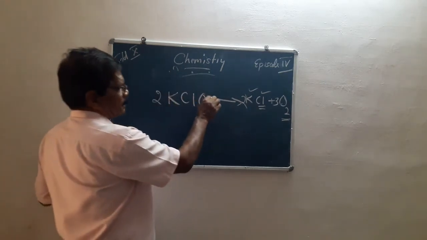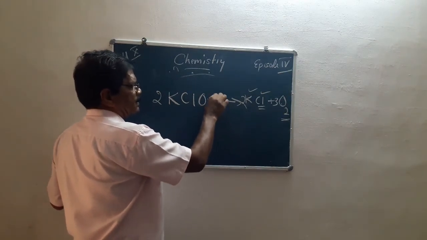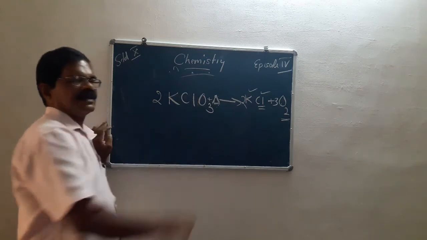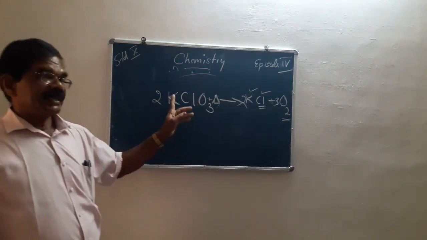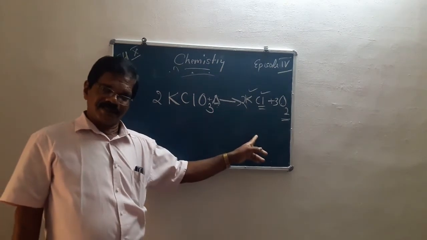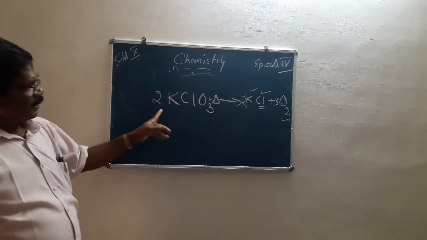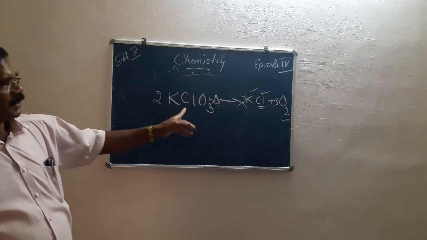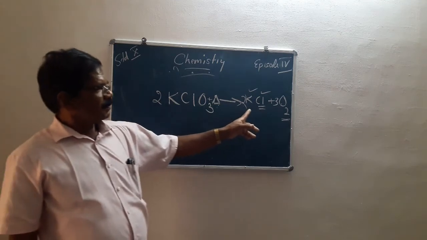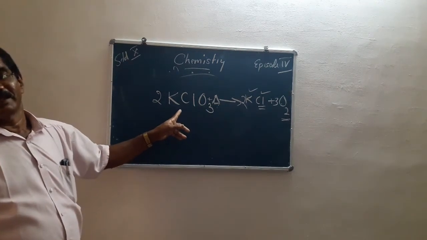Then, next, for the decomposition reaction, is it exothermic or endothermic? Exothermic means heat energy is liberated. Endothermic means heat energy is absorbed. In this reaction, we know that on heating, potassium chlorate absorbs heat and decomposes to potassium chloride. It absorbs heat, so it is an endothermic reaction.